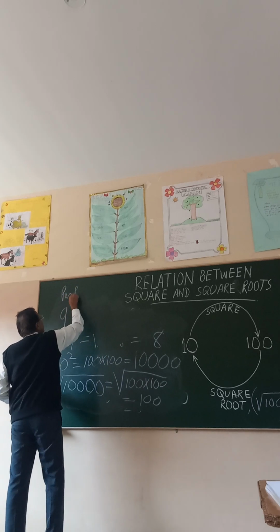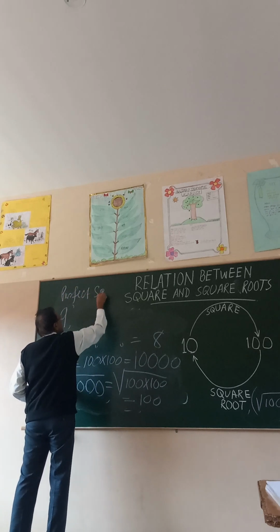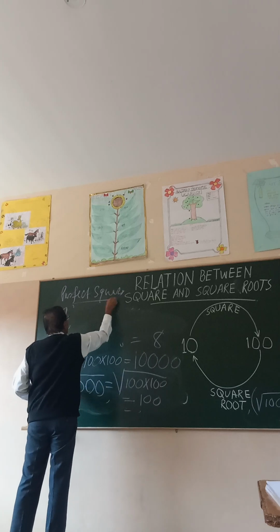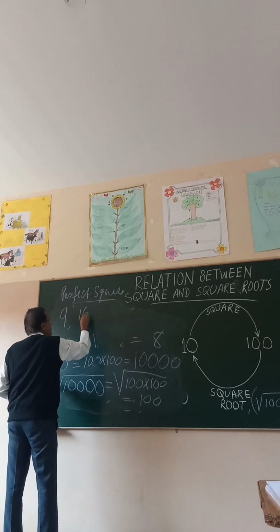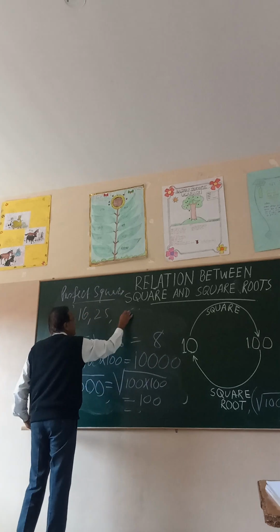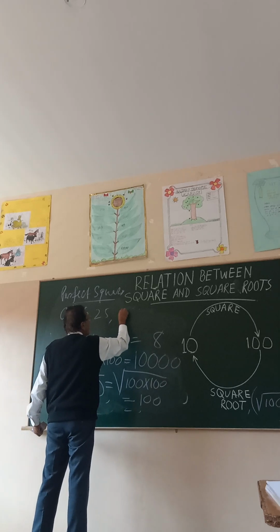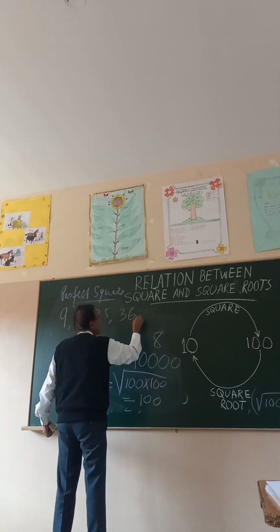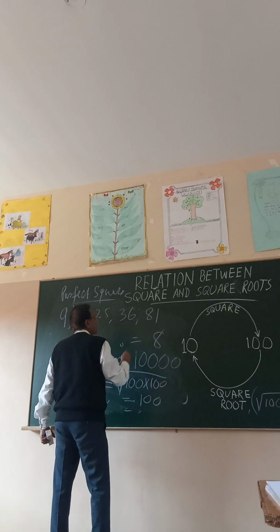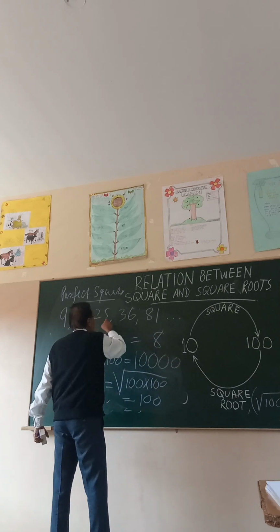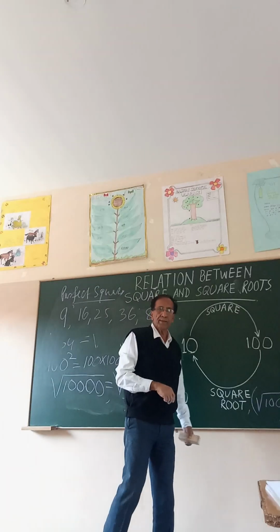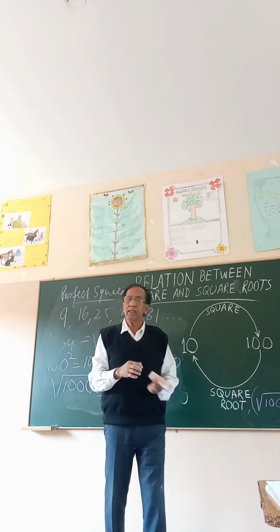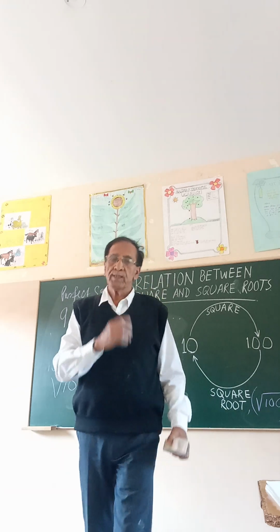Perfect squares: 9, 16, 25, 36, 81, like this. These are perfect squares because each square root is a whole number or natural number.